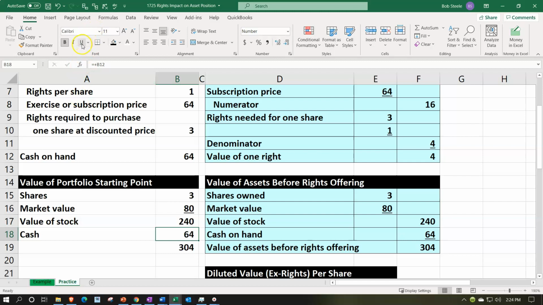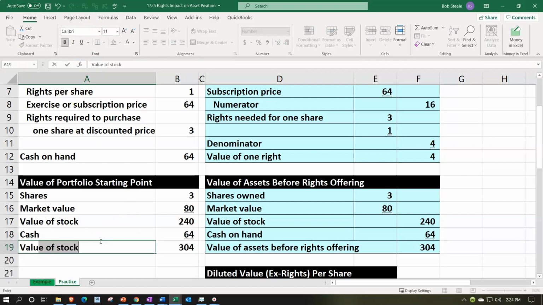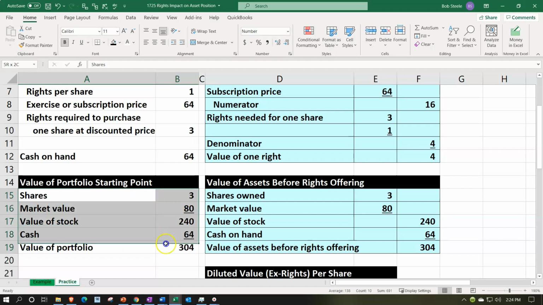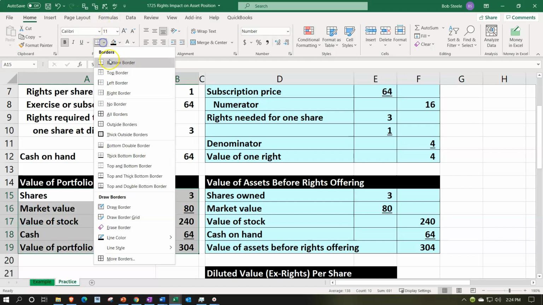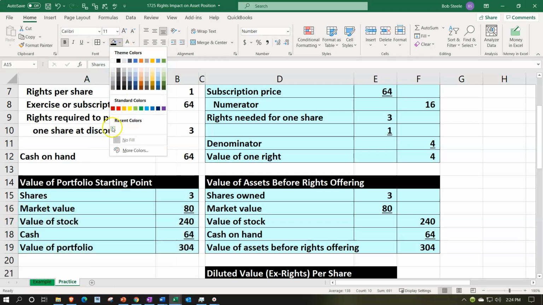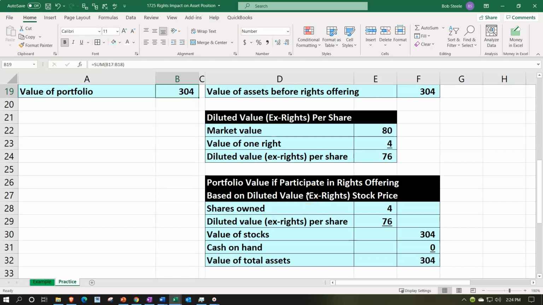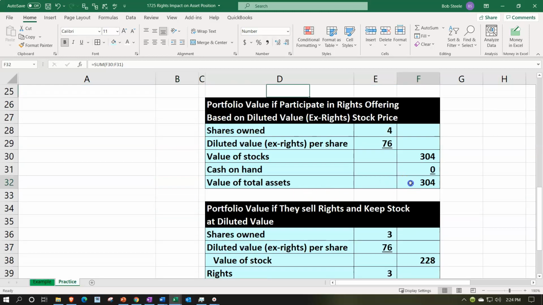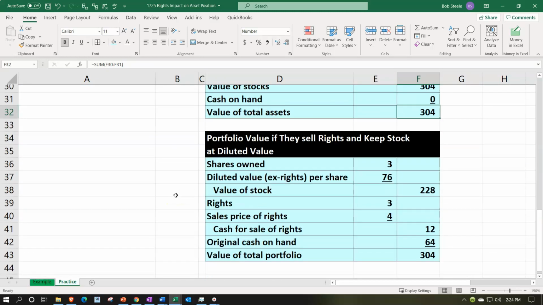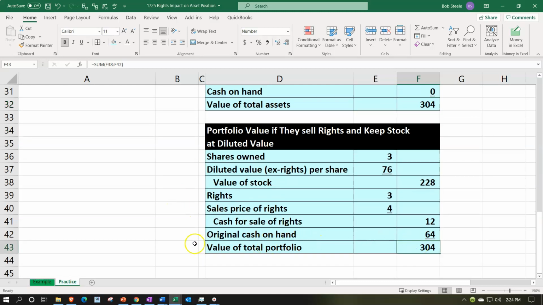Underlining that, font group underline, that's going to be the value of the portfolio. And so there we have that. Let's make that blue, and let's border it and make it blue. So our starting point was at the 304, and then after this takes place, if we exercise the option, then we're still estimating the 304. And if we don't exercise the option, we're still estimating the 304.